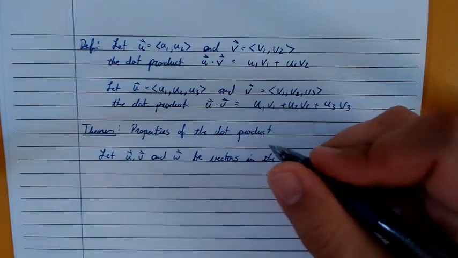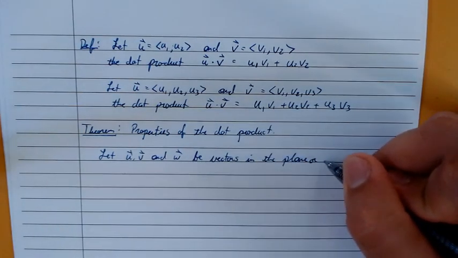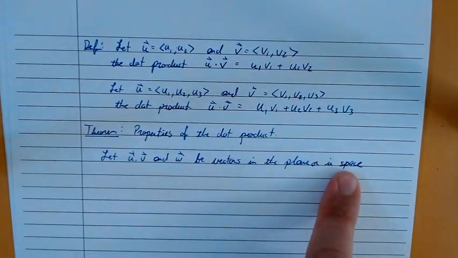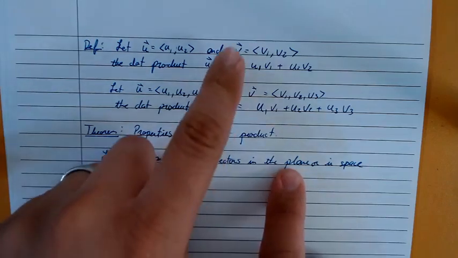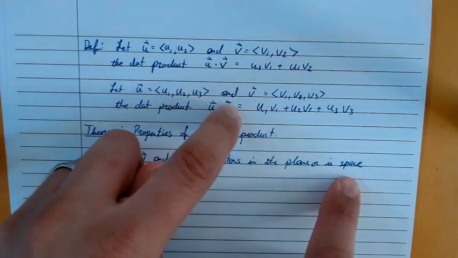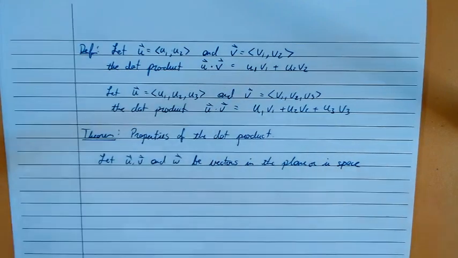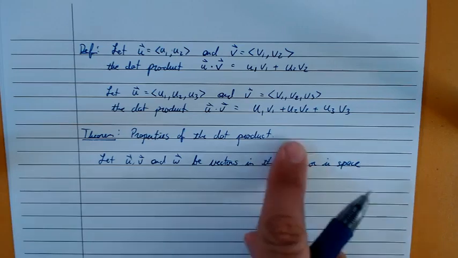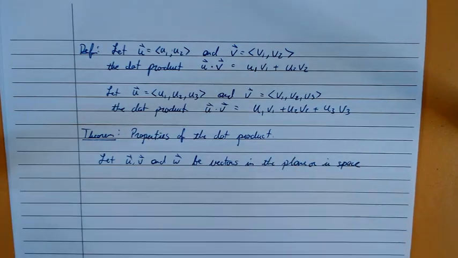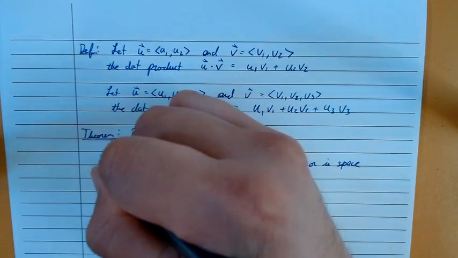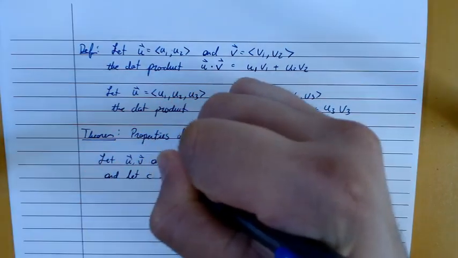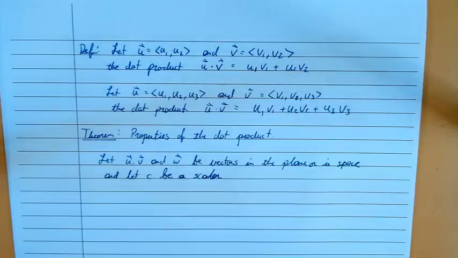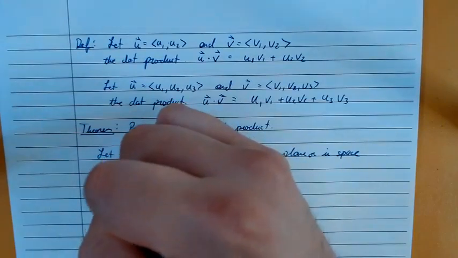Or in space, meaning three dimensions, X, Y, and Z. So we have vectors in either space. Now notice this is one or the other. You can't mix them. They're either all in the plane or all in space. And let C be a scalar, just a regular number. Then all the following things are true.